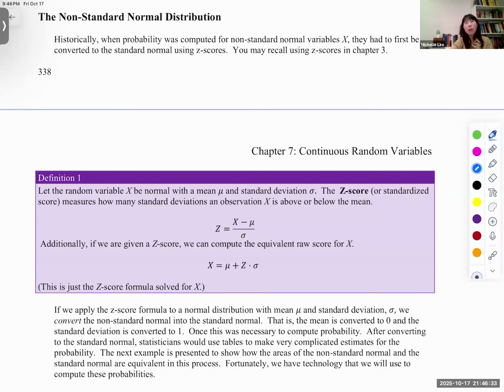Okay, so this time we have non-standard normal distribution. It means that if we had a standard normal distribution, then we are using mean equal to 0, standard deviation, sorry, standard normal distribution, right?